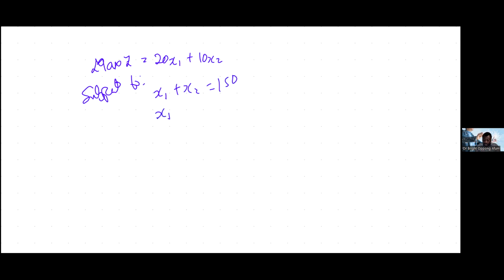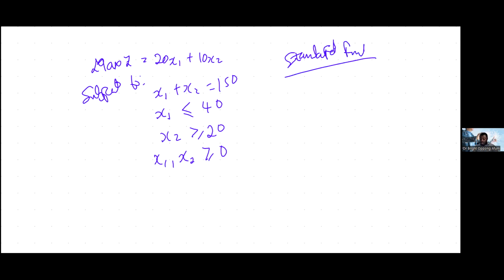X1 is less than or equal to 40. X2 is greater than or equal to 20. And both x1, x2 satisfy the non-negativity rule. So we have to create the standard form.